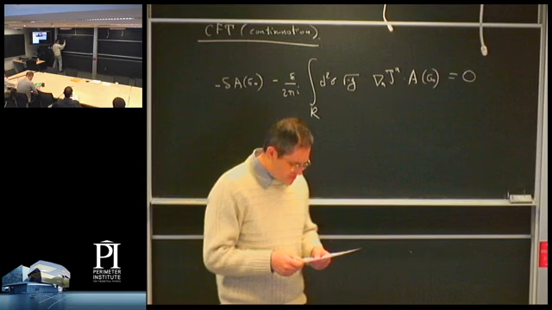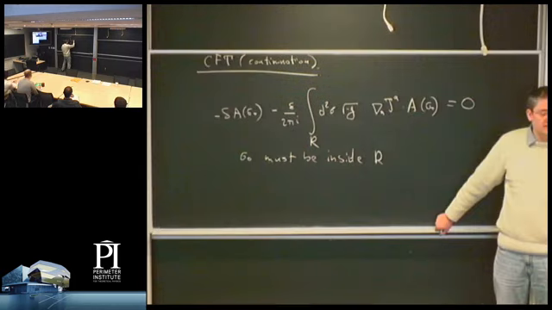So we have a symmetry, then the variation of some operator A takes this form, minus epsilon over 2 pi I, I'm just copying what we had last time, and d2 sigma square root of minus G, the symmetry current, A of sigma naught equals 0.